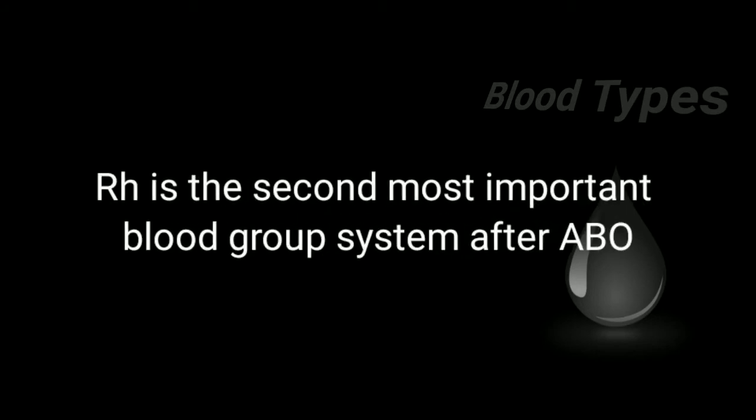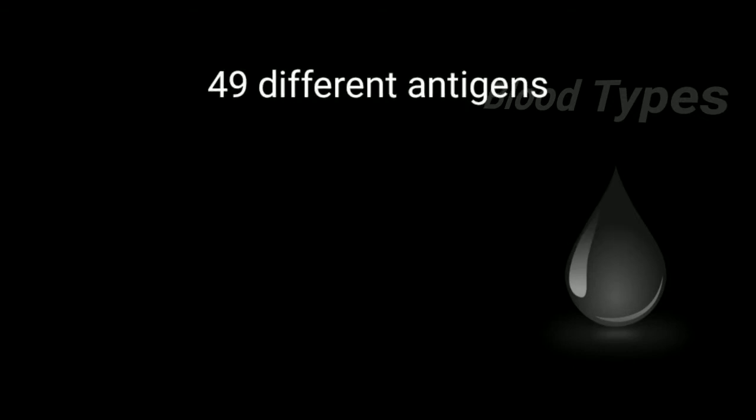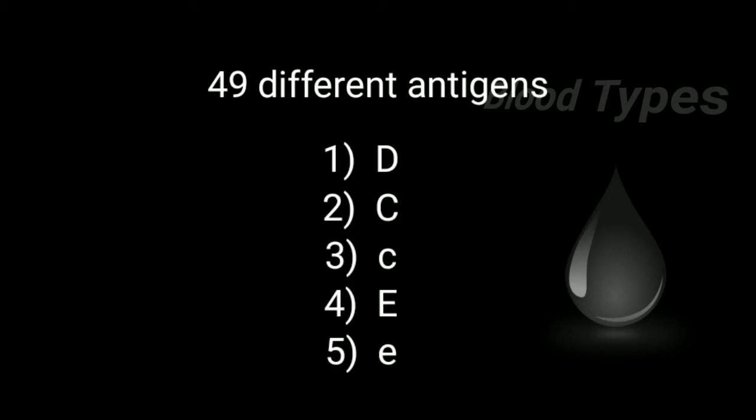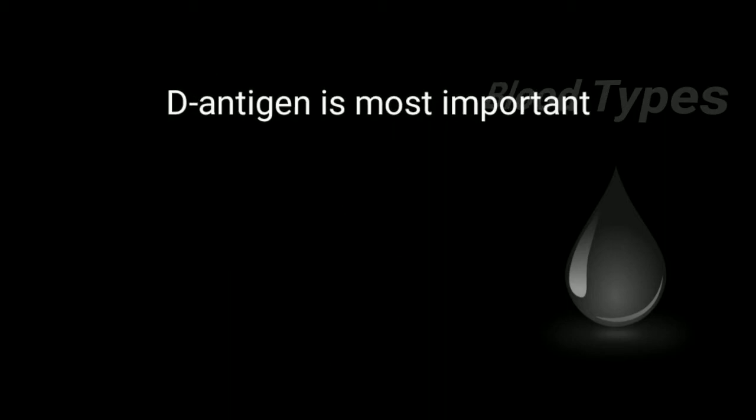RH is the second most important blood group system after ABO. The RH blood group system consists of 49 different antigens, out of which 5 are important, and they are represented as capital D, capital C, small c, capital E, and small e. Among these 5 antigens, D antigen is most important.